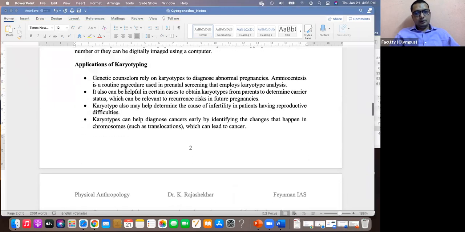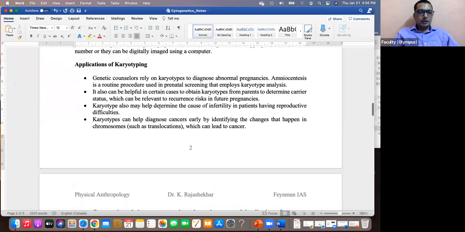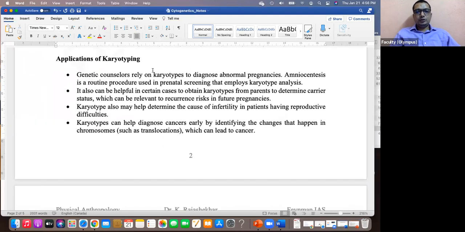So, genetic counselors use karyotyping to diagnose abnormal pregnancies. Genetic counselors can suggest karyotyping where needed. We talked about that already, because karyotyping reveals chromosomal anomalies or chromosomal abnormalities. And we already talked about amniocentesis, a procedure that is normally used.